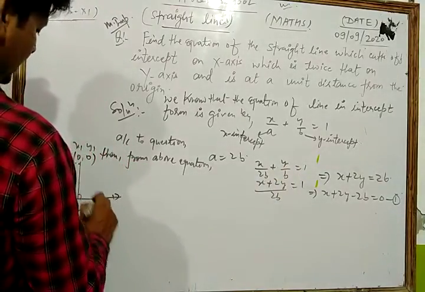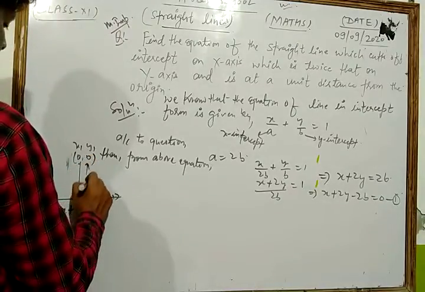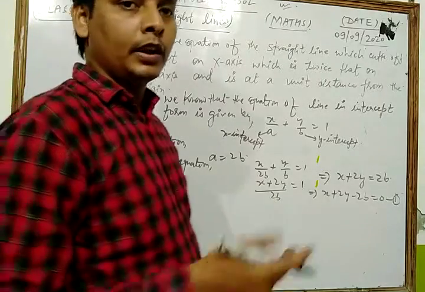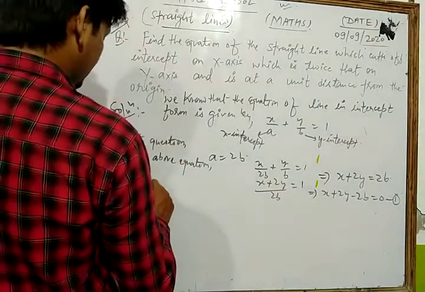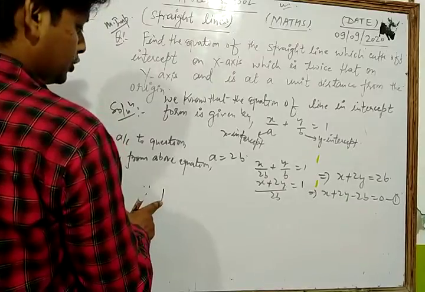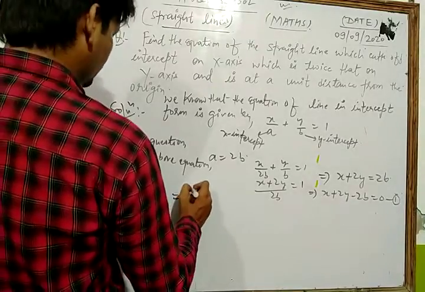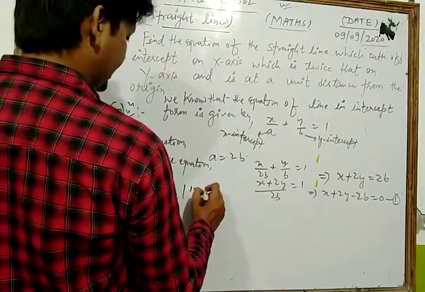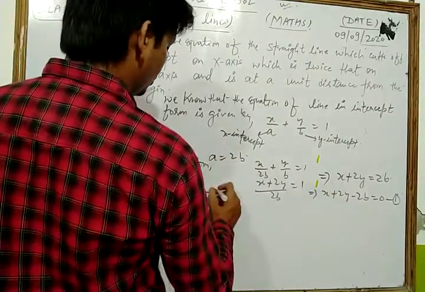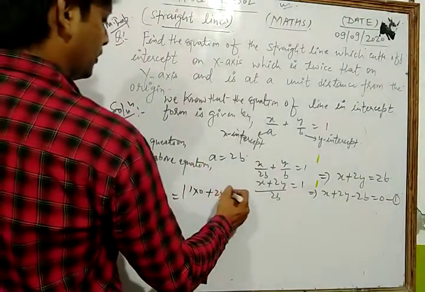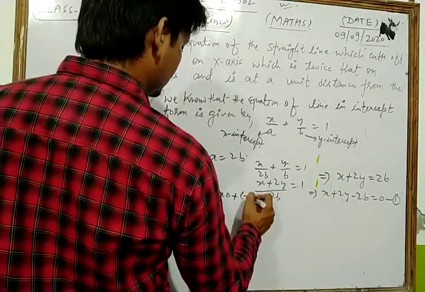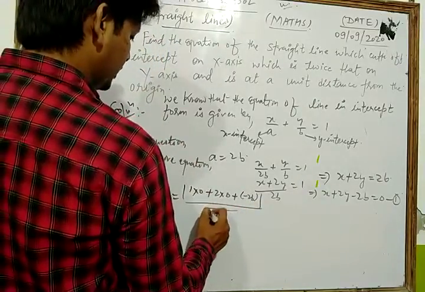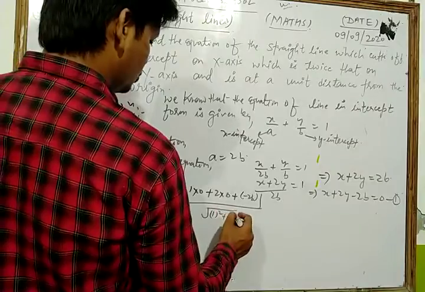Now you know the formula for perpendicular distance. Since the perpendicular distance is 1 unit, we write 1 equals mod of ax1 plus by1 plus c upon under root a square plus b square. Here a is 1, the coefficient of x, x1 is 0, b is 2, y1 is 0, and c is minus 2b, upon under root 1 square plus 2 square.